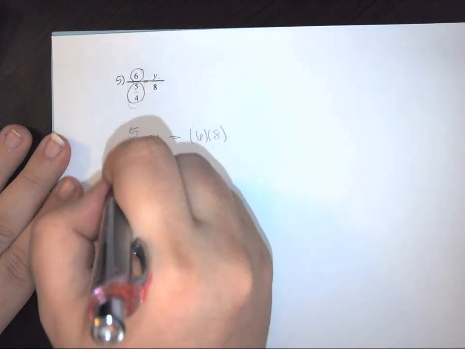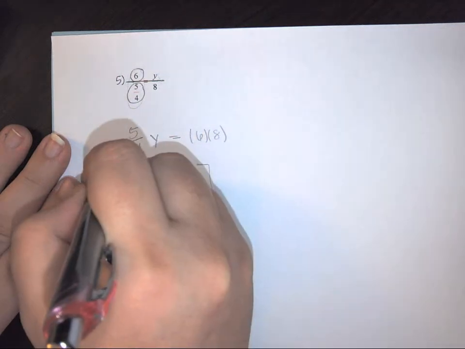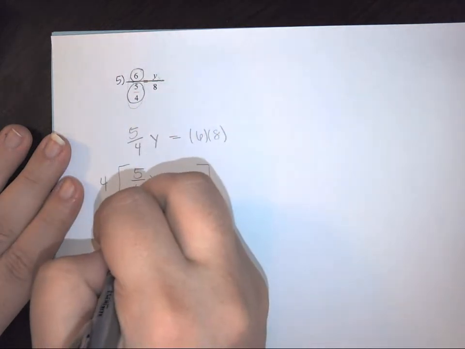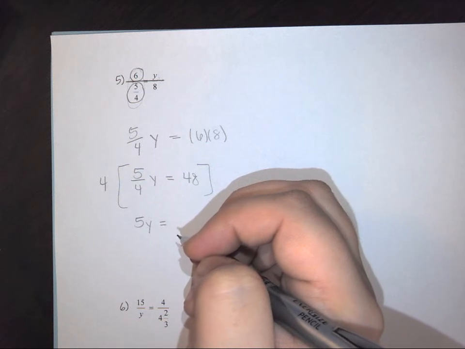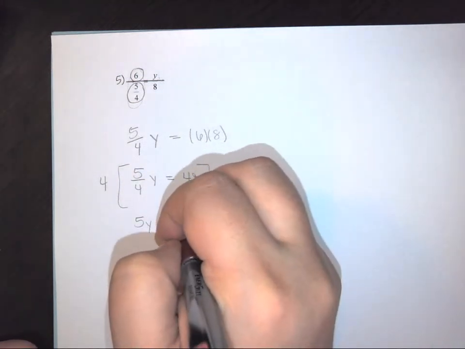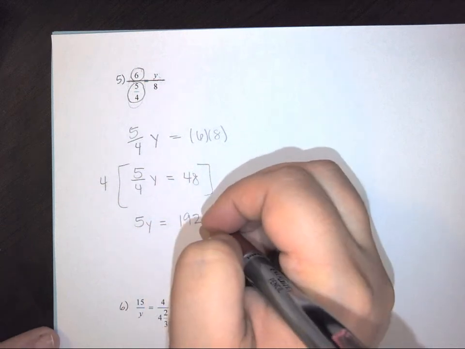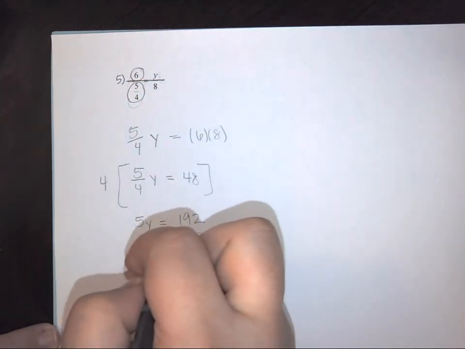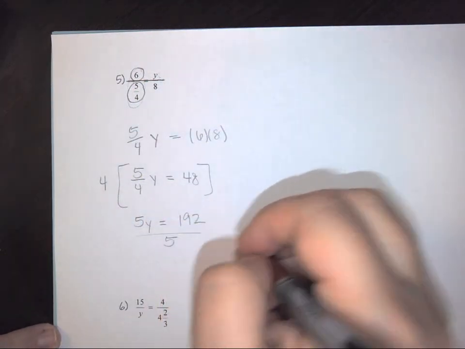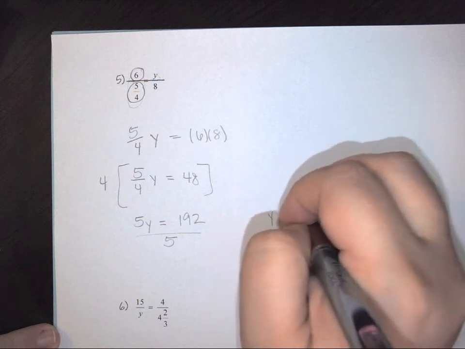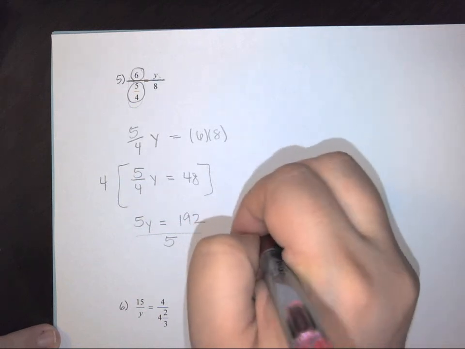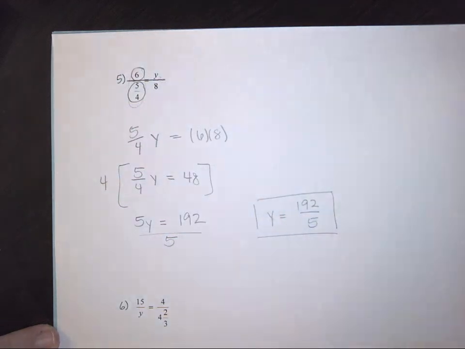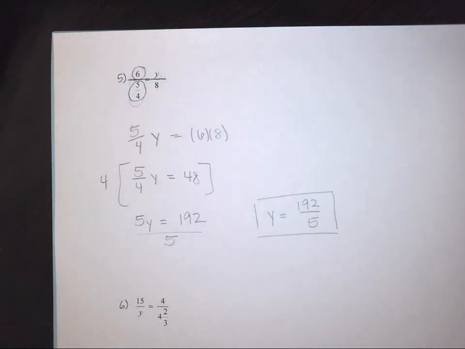I need to multiply everything by 4, so I get that 5y is equal to 192. Then I need to divide everything by 5, so I get that y is equal to 192 over 5, and this is my proportional answer.